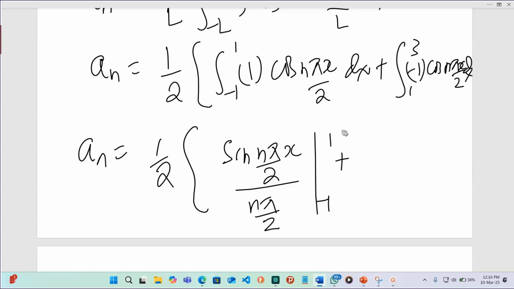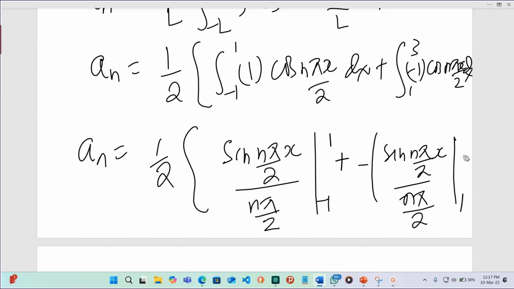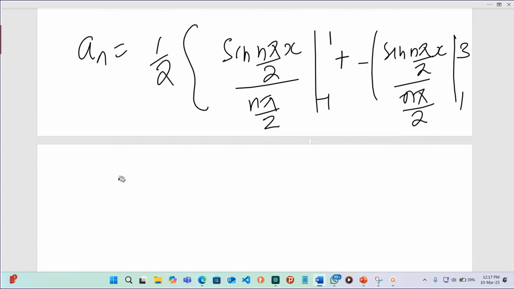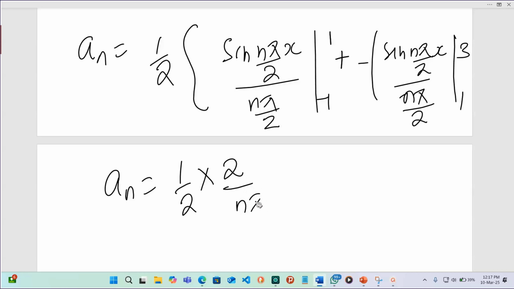Then plus, this is going to be minus, so into sine n pi x over 2 over n pi over 2 from 1 to 3. So your an will be 1 over 2. And what is this going to be? We can put this one outside so that we have times 2 over n pi.